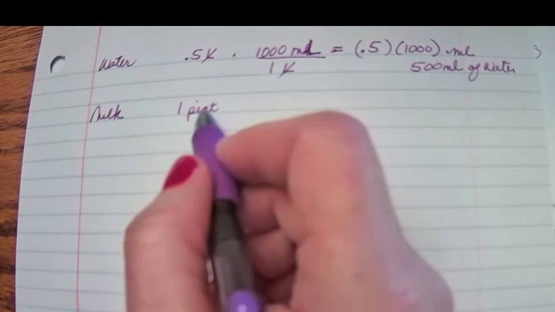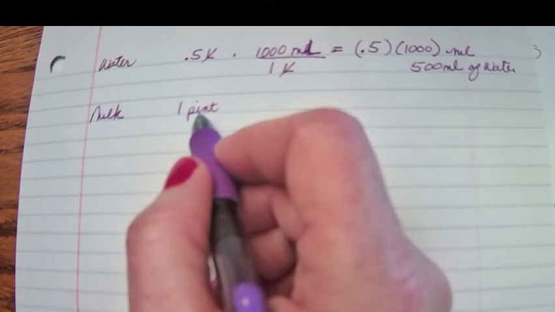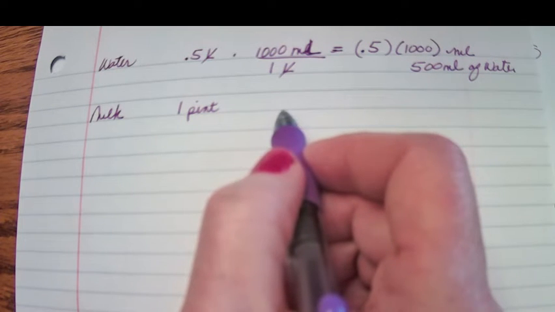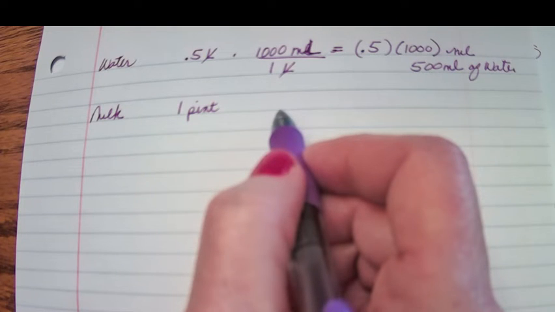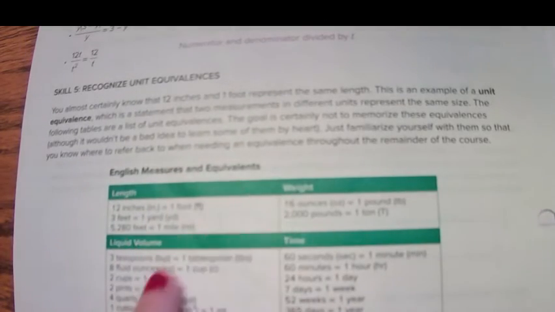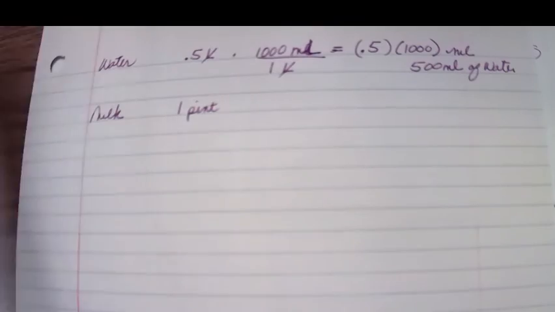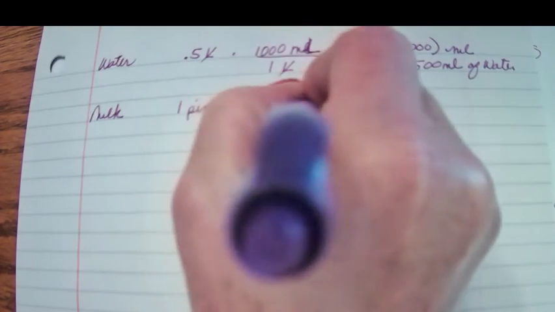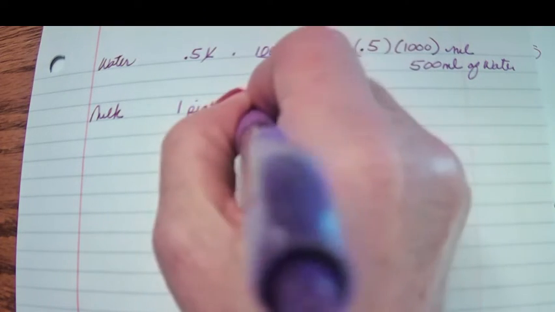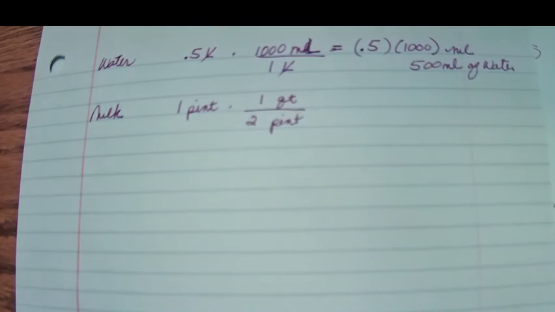There's no direct connection between a pint and a liter, but there is through a quart. So you have to kind of look at what do we have about pints here. You find your pints, and you have 2 pints equals 1 quart.